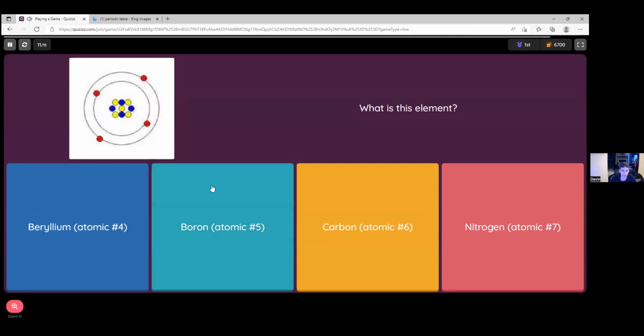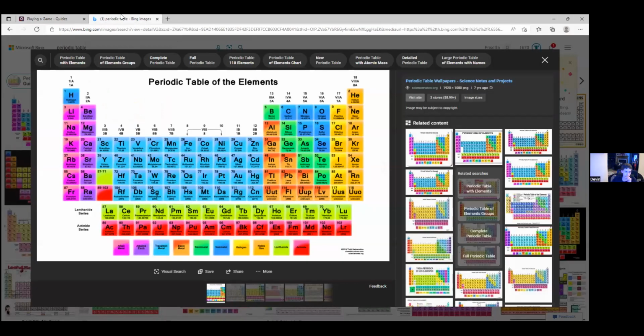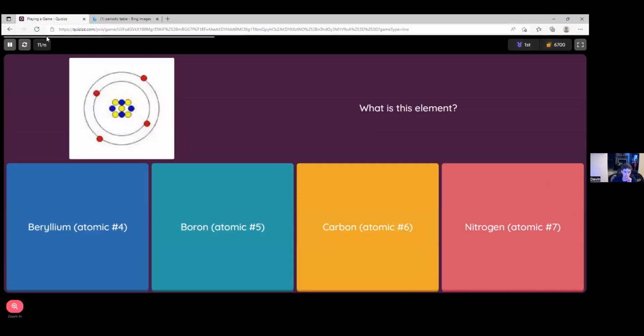Okay, what is this element? Where is it? This one.